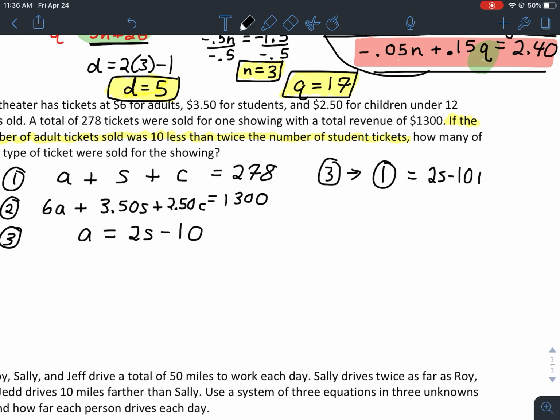I get 2S minus 10 plus S plus C equals 278. So now combining like terms and moving the negative 10 to the other side, I have 3S plus C equals 288.